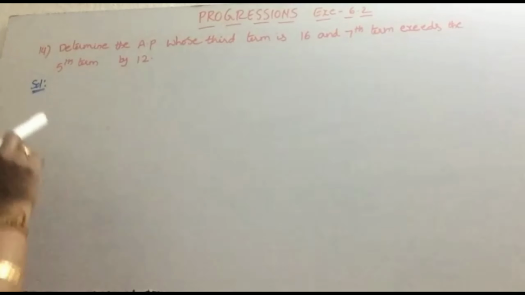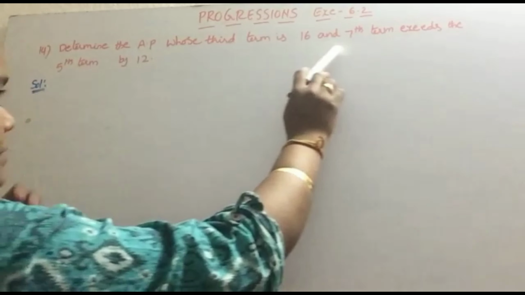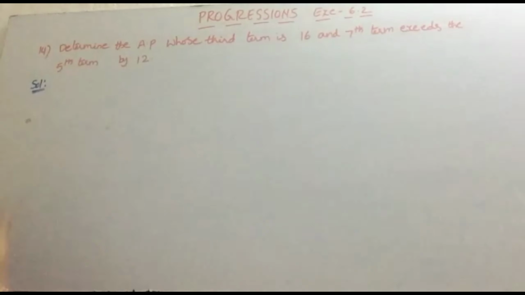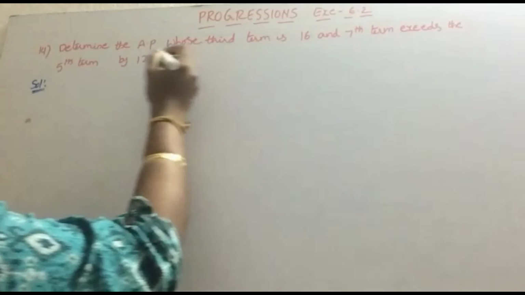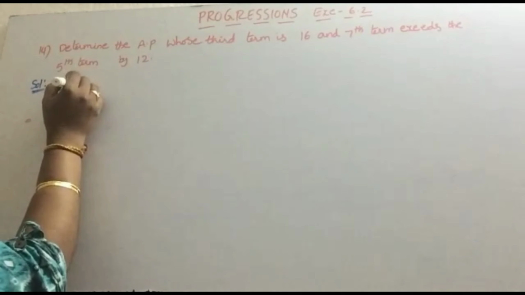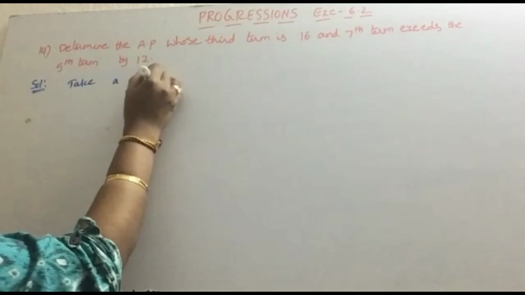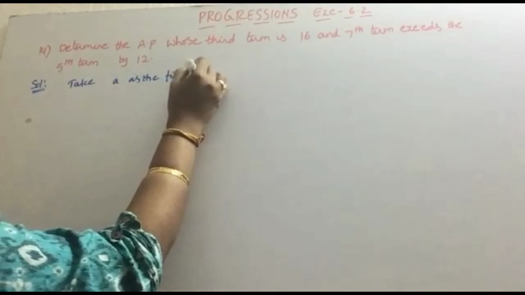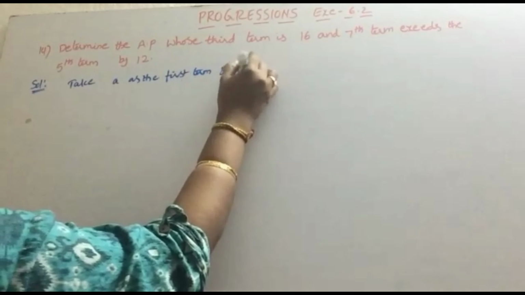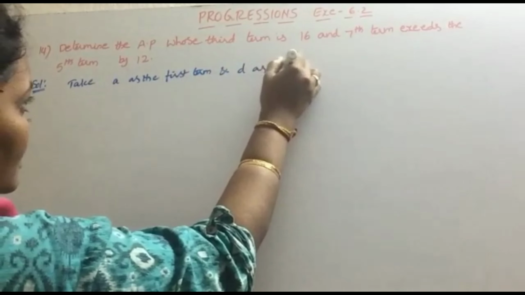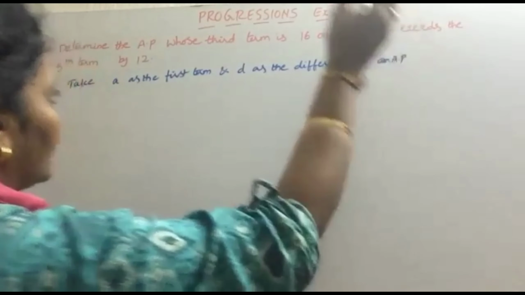So next problem. Determine the AP whose third term is 16 and whose seventh term exceeds the fifth term by 12. First of all, take A as the first term and D as the common difference of the AP.